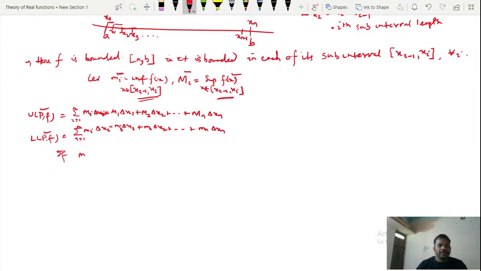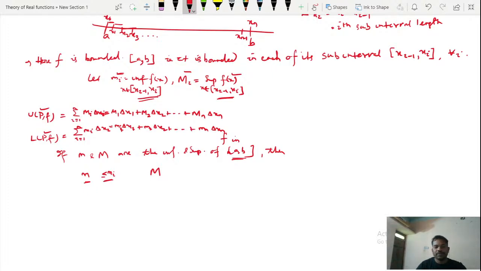If small m and capital M are the infimum and supremum of f in the closed interval [a, b], then since they are the infimum and supremum in the whole interval, if I consider the ith interval, where small mi is the infimum, then obviously small m is less than or equal to small mi, because small m is the infimum in the whole interval and small mi is the infimum in the ith subinterval.